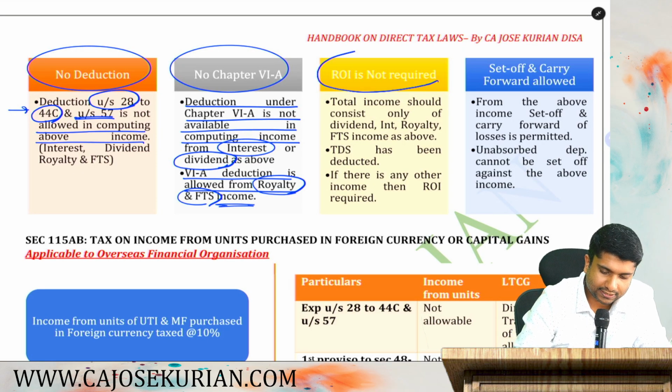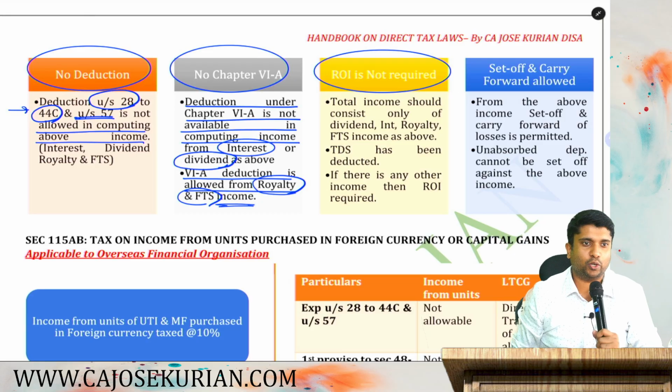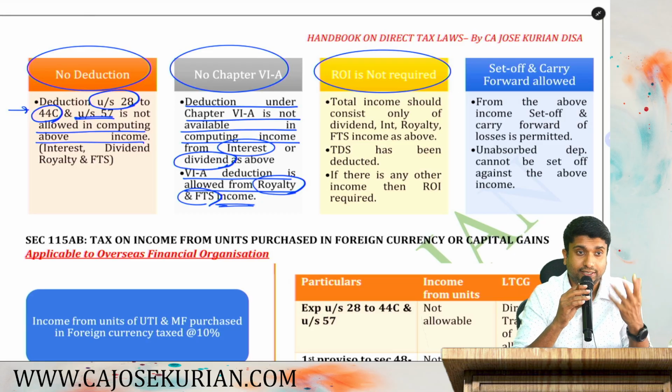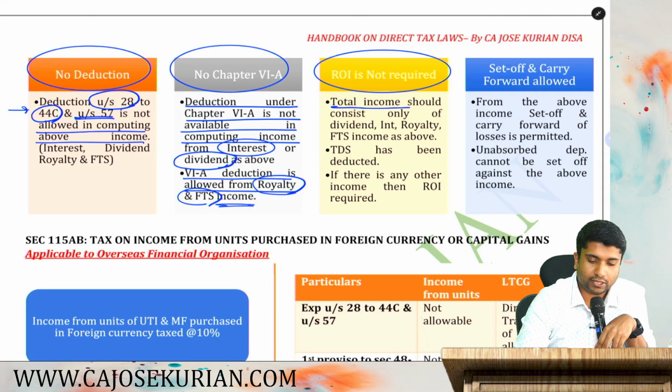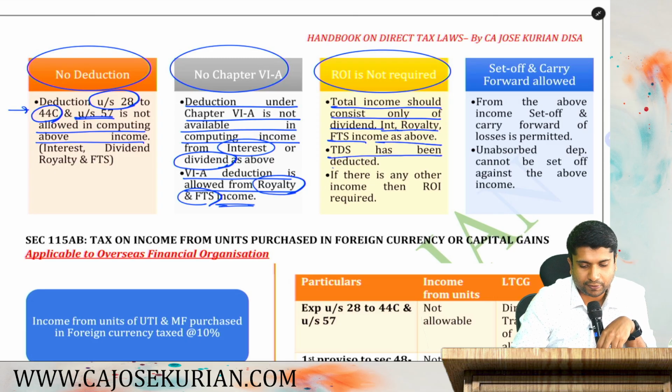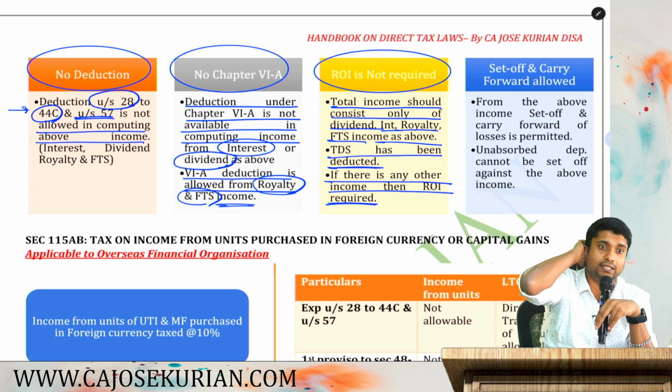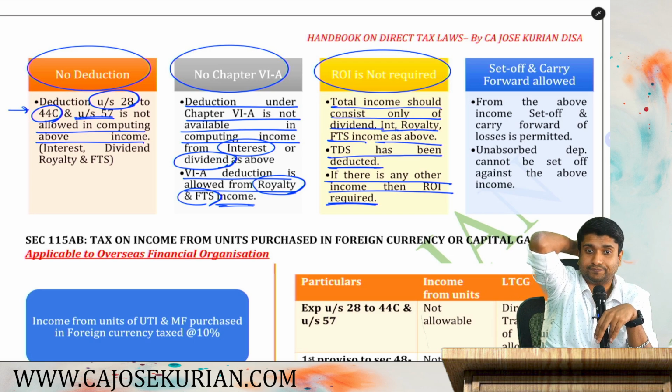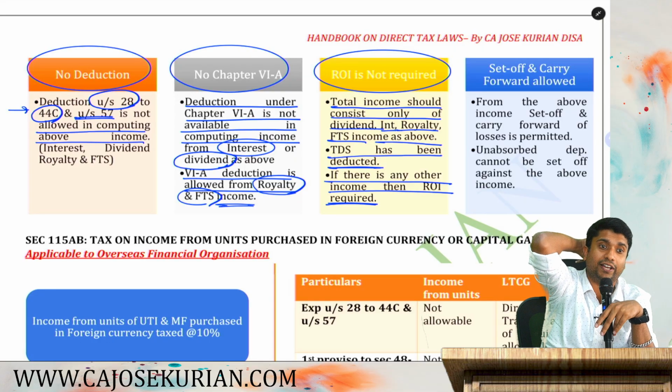What is next? Return of income not required. Another great advantage given. What is that? If total income consists only of dividend income, interest income, royalty income, FTS income as above, and TDS has been correctly deducted. If there is any other income, then return is actually required. Hope you remember in the morning session, we solved a question whether the assessee is required to file return.